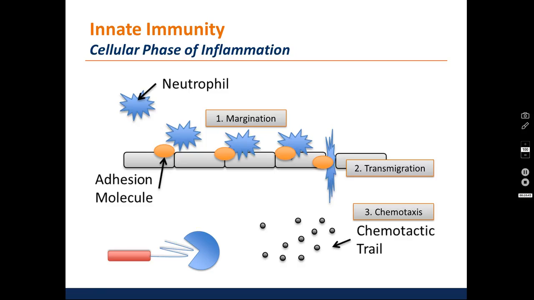And so we have chemotaxis along that chemotactic trail, and finally phagocytosis. And so the neutrophil goes from inside of the blood vessel to outside of the blood vessel by adhering to the epithelial lining, going through the epithelial lining, following the chemotactic trail, and then finally phagocytizing the microorganism that has invaded the body.